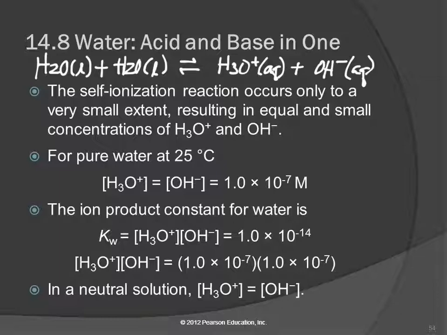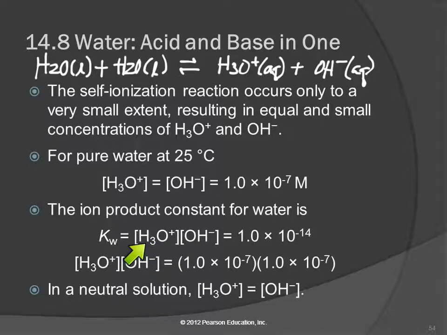We have learned how to write equilibrium constants, right? What's the equilibrium constant expression for this reaction? We don't include liquids, right? It's H3O times hydroxide ion concentration. This guy right down here.